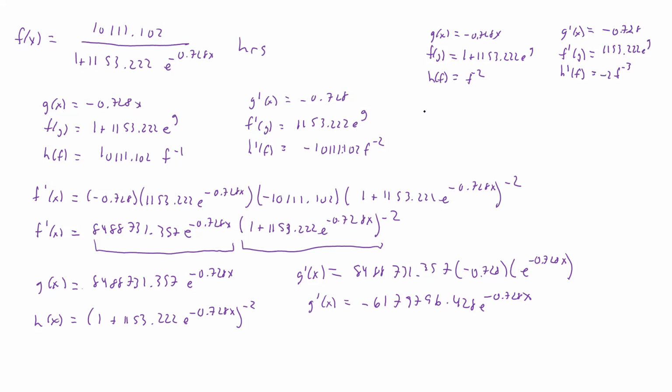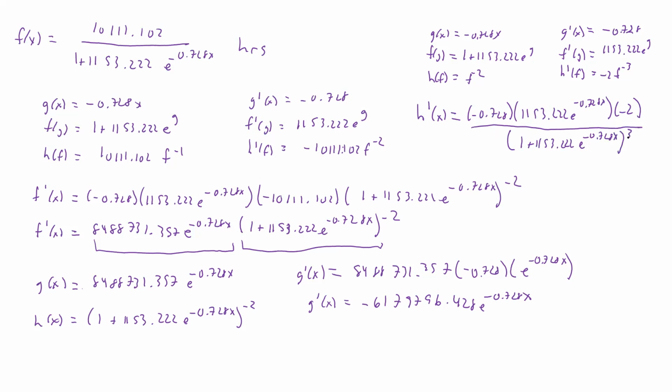And so that gives us h prime of x equals, now we just multiply all those together, and then times negative 2. Because we are out of room, I'm going to put the other piece on the bottom already. So that's 1 plus 1153.222 e to minus 0.728x, cubed. Once we multiply those pieces out, we can put that down here for our h prime of x.